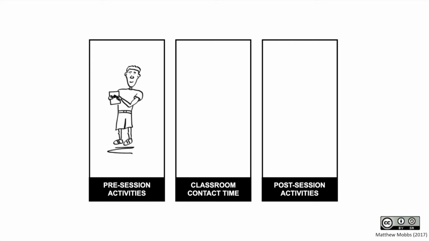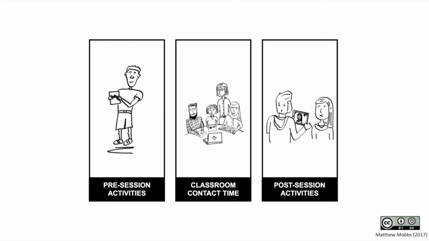During the classroom contact time, the educator is present and often designs activities that see collaborative learning that allow the students to apply their learning in problem-solving activities, facilitated and supported by feedback and feed-forward from the present educator. Post the session, the learners are able to compound their understanding through follow-on activities. They may also undertake further study as the phases then repeat.